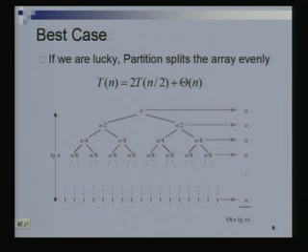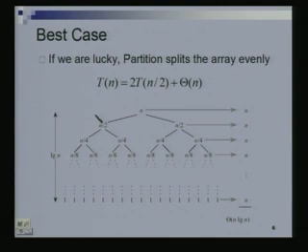So suppose the following was happening, that at every point we were dividing the array into two equal halves. I started off with n elements, and I picked the pivot somehow, or lucky I was, such that my pivot was the median, let's say, which means half the elements were less, half were more, so half the elements ended up in the left part and half in the right part.